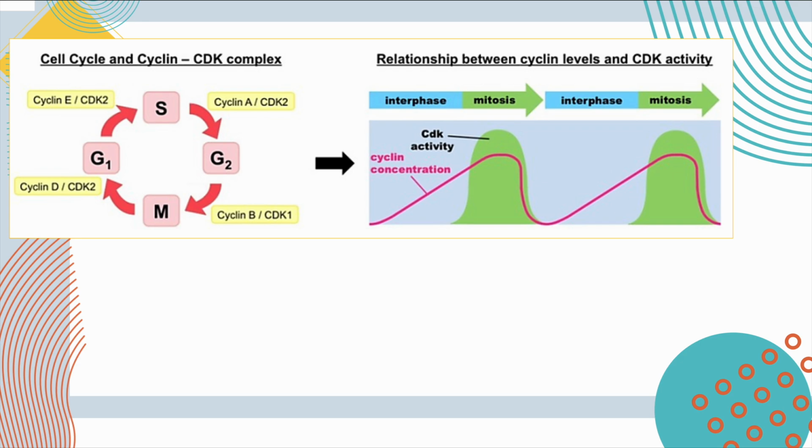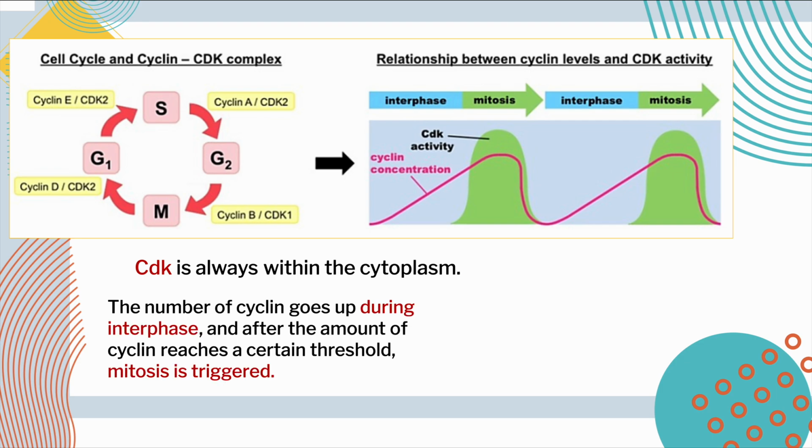So this is the cycle of the CDK-cyclin complex, and it's good to know that CDK is always within the cytoplasm. It doesn't disappear. The amount of cyclin goes up during interphase, which is the longest phase, and after the amount of cyclin reaches a certain threshold, mitosis is triggered.